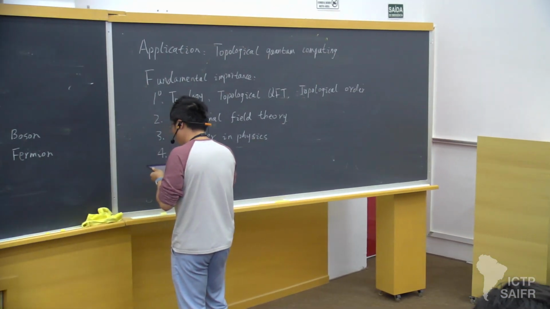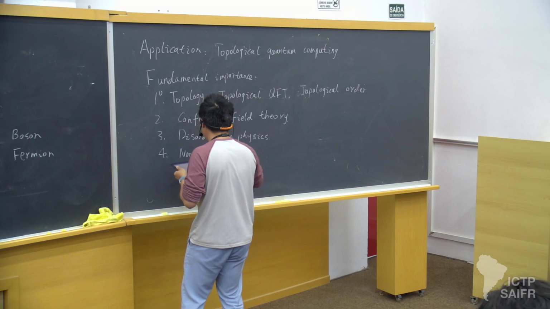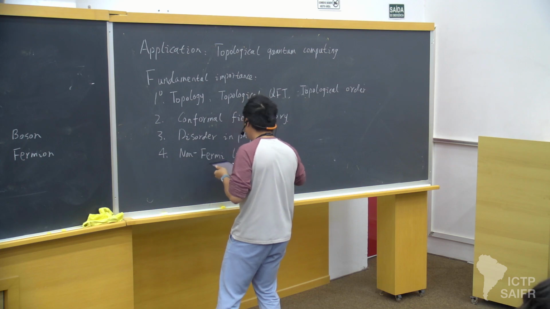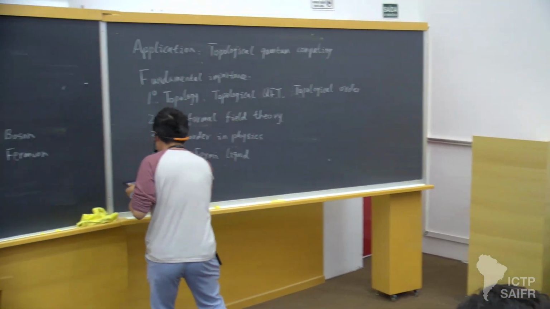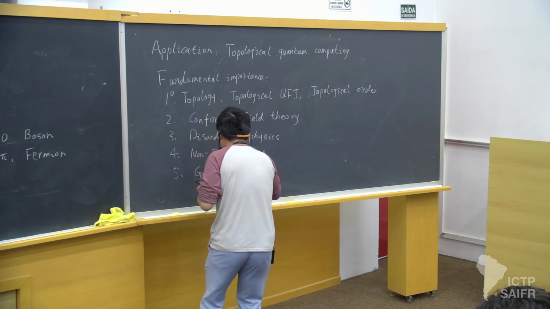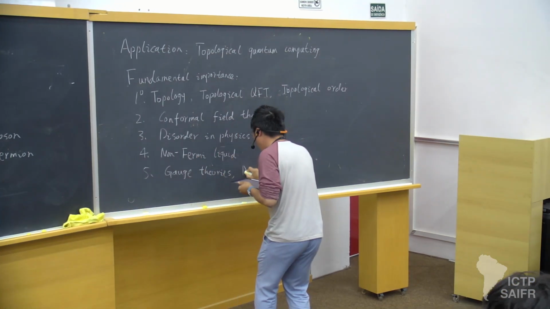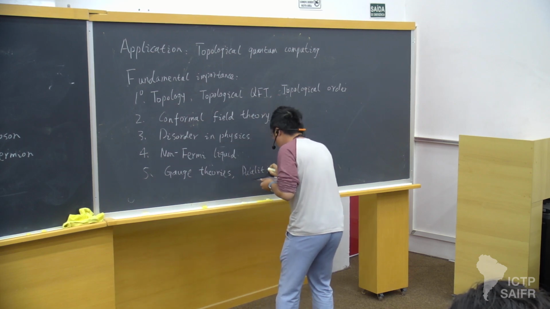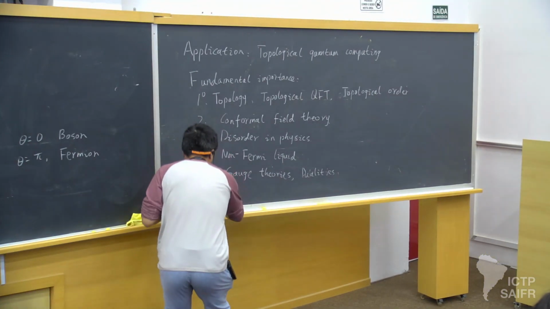The quantum Hall effect can also realize the so-called non-Fermi liquid, which is a very important type of quantum matter that also happens elsewhere, and has close relations with, let's say, gauge theories, as well as dualities of gauge theories that Nathan mentioned in the morning in his class on supersymmetry.